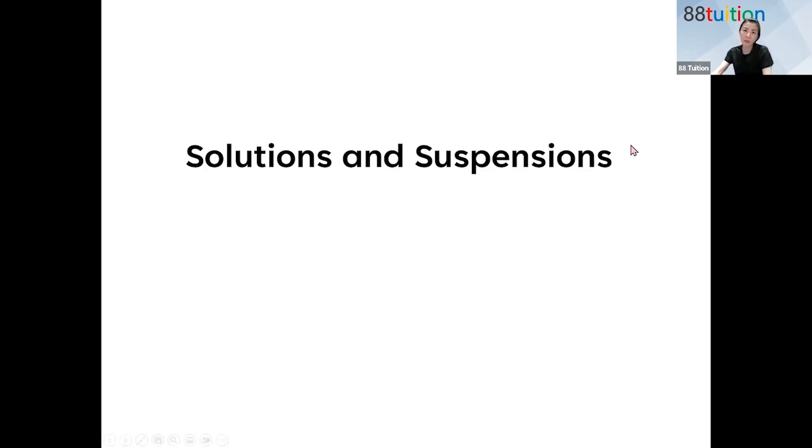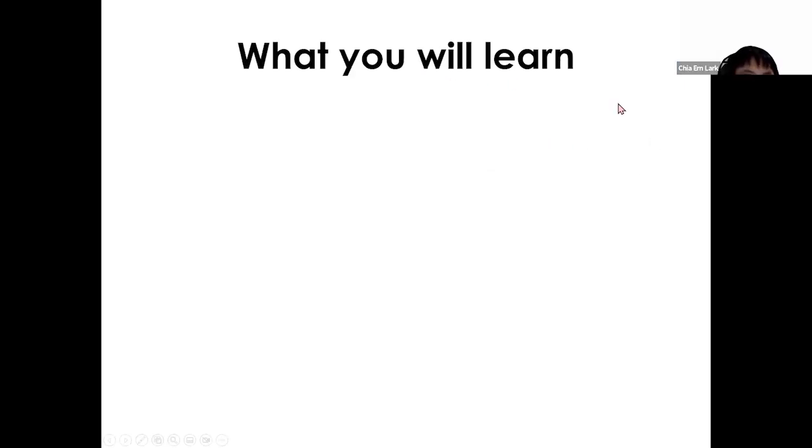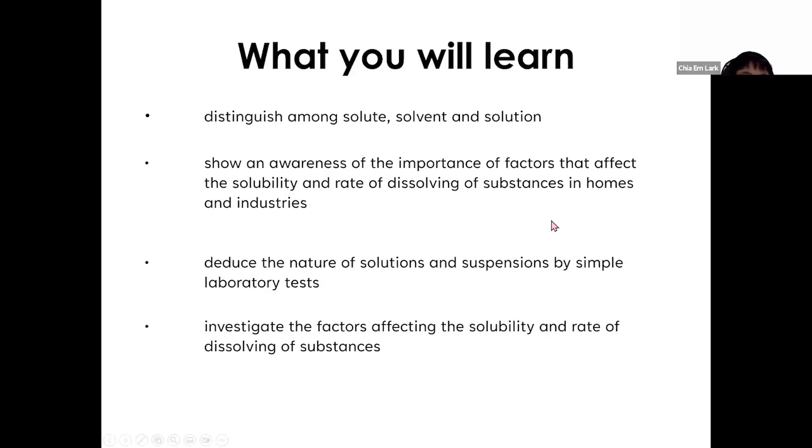So if you look at solutions and suspension, what you're going to learn is to know the difference between them. Must differentiate and distinguish. What's the meaning of solute? What's solvent? And then what is solution? Show an awareness of the importance of factors that affect the solubility as well as the rate of dissolving of substances in homes and industries.